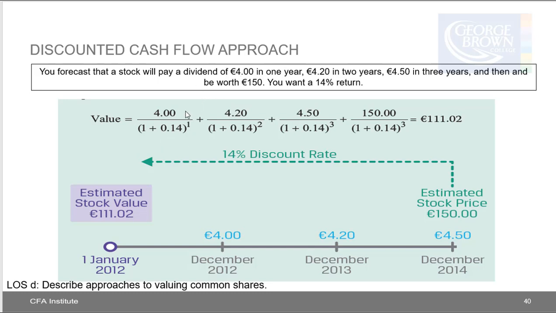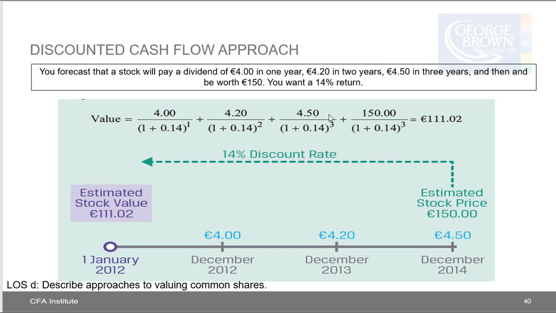So the $4 dividend in 1 year: this is the present value of €4 in 1 year using a 14% discount rate. This is the present value of €4.20 in 2 years using a 14% discount rate. And then you can see in 3 years you're receiving not only the dividend, but you're also assuming that you're selling the shares.